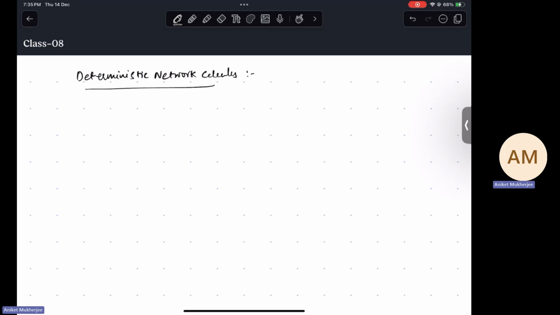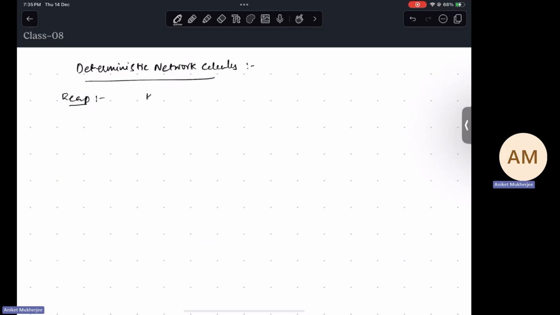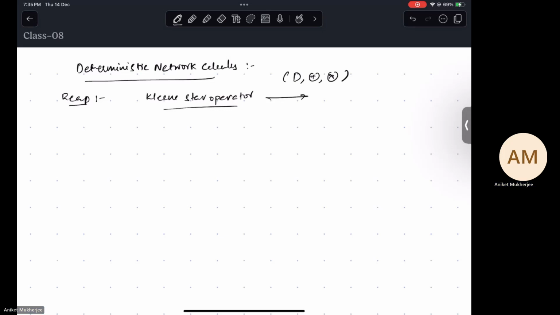So, small recap. Last class we saw some properties of the Kleene star operator. Given a complete dioid and the binary operators plus and times, the Kleene star operator was defined as follows.